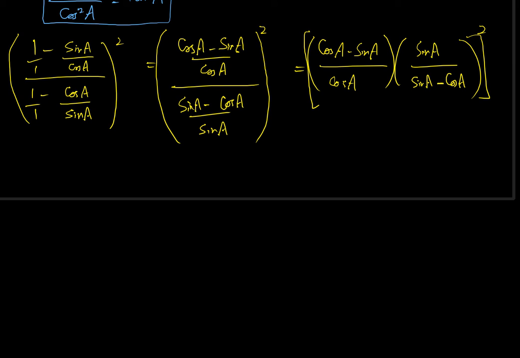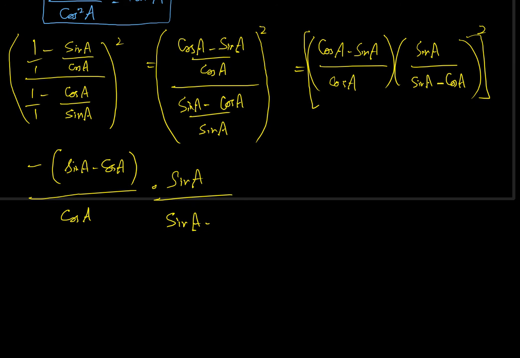You will take negative common here, in either of the two. If you take negative common, it will become negative (sin A − cos A) divided by cos A, multiplied by sin A divided by (sin A − cos A).